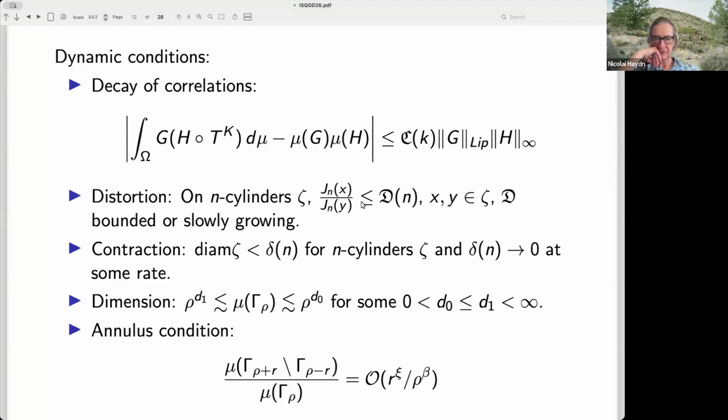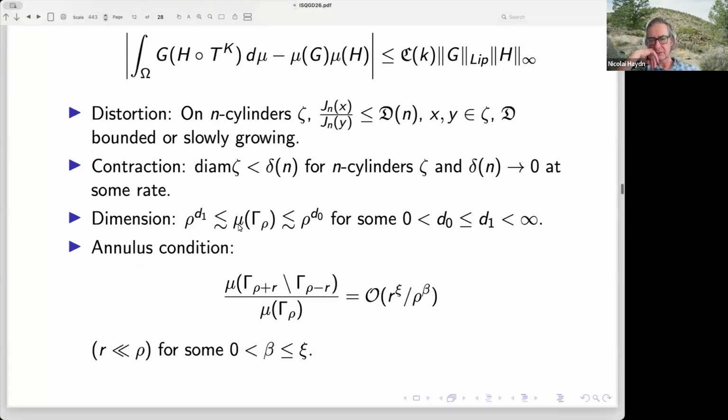You can cut it a little bit of slack at the expense of decay. There has to be some contraction; sure enough, typically we expect it to be exponential. The measure has to have some dimension with respect to this neighborhood. That makes perfect sense. And then the always present annulus condition, because the gamma rho will be approximated by these cylinders zeta.